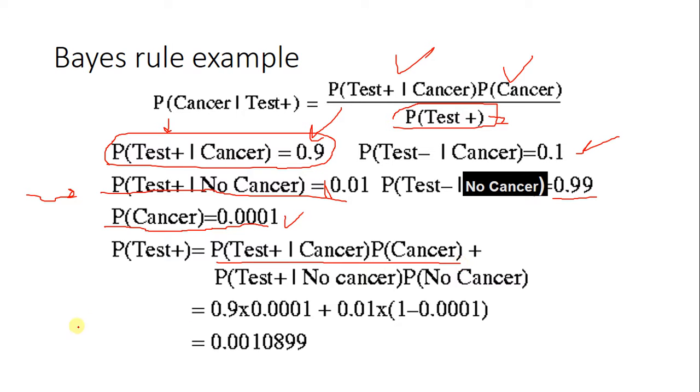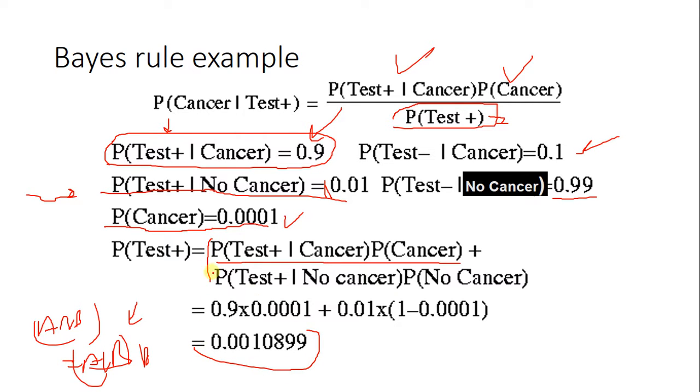That was probability of A and B is equal to probability of A given B times probability of B. So by using this formula, probability of test positive and cancer will be probability of test positive given cancer times probability of cancer, plus probability of test positive and no cancer, which will be probability of test positive given no cancer times probability of no cancer. By putting these values in this equation we get this value.